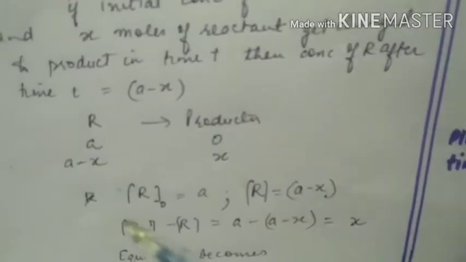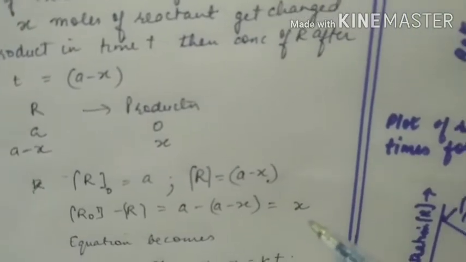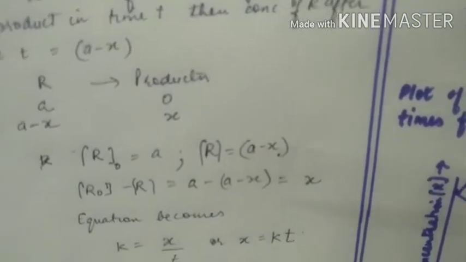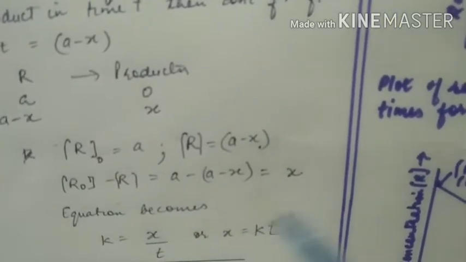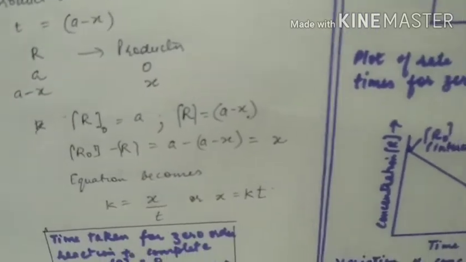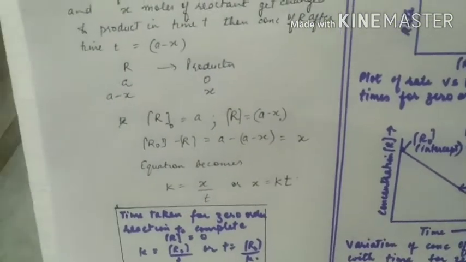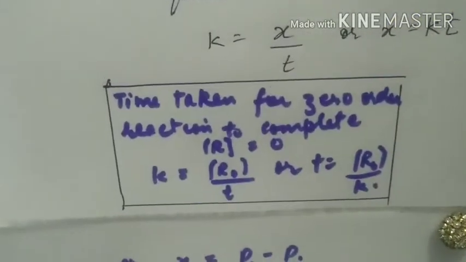So now [R]0 minus [R] will become a minus (a minus x) is equal to x. So the equation becomes k is equal to x upon t, or x is equal to kt. This is also the result of an integrated rate equation for zero order reaction.